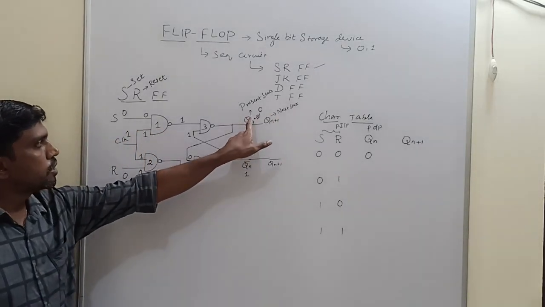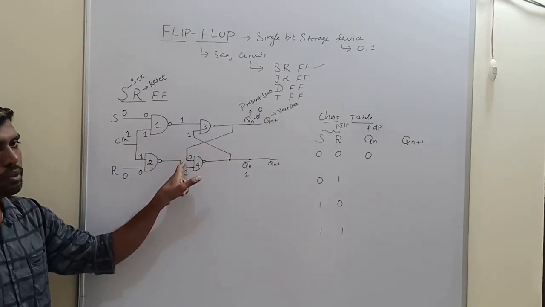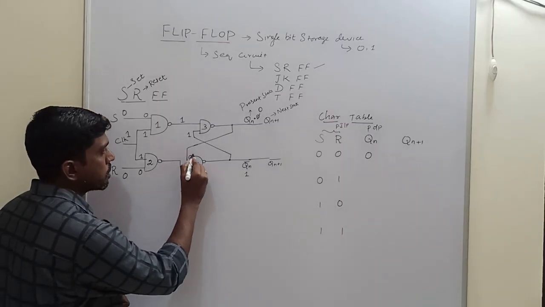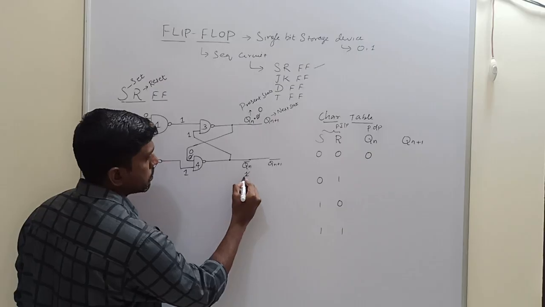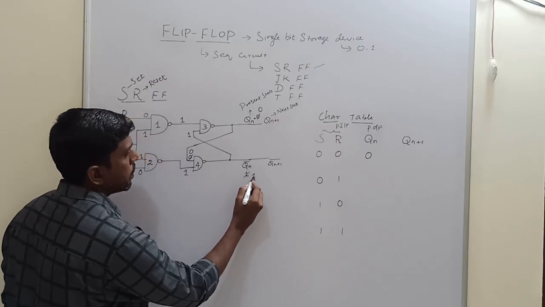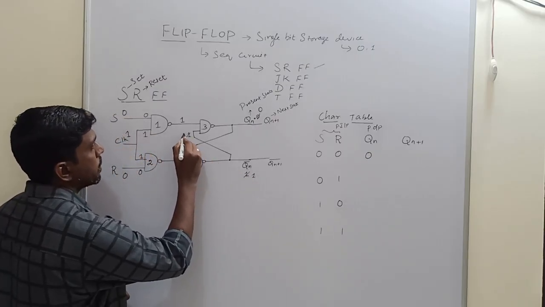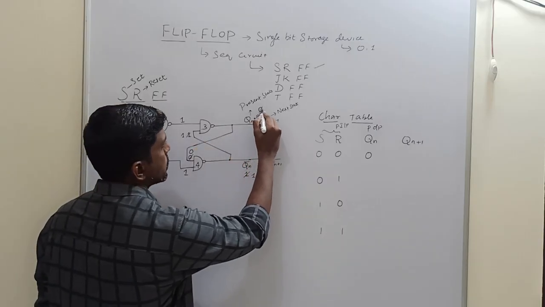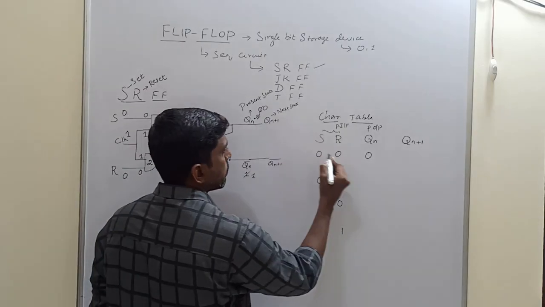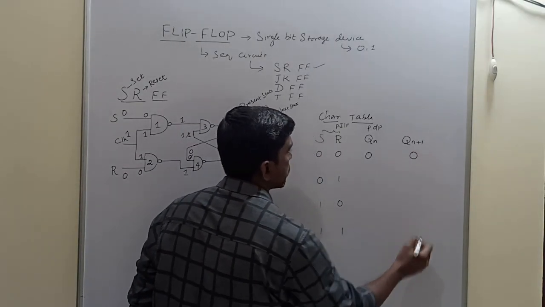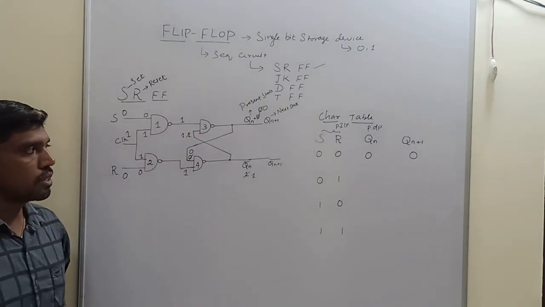Then again this Qn value is fed back to the fourth NAND gate input, 0 1, Qn bar value 1. This 1 is again fed back to the third NAND gate, 1 1, output 0. So it's a stable state. Now the Qn value is 0, so the next state value is 0.